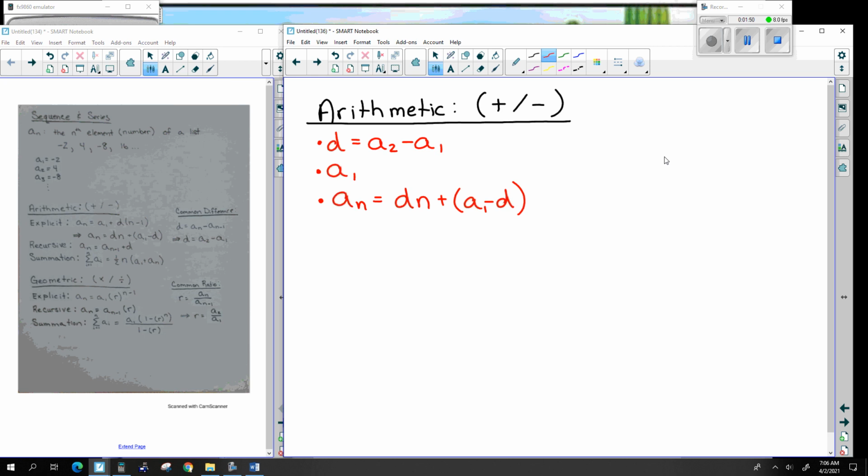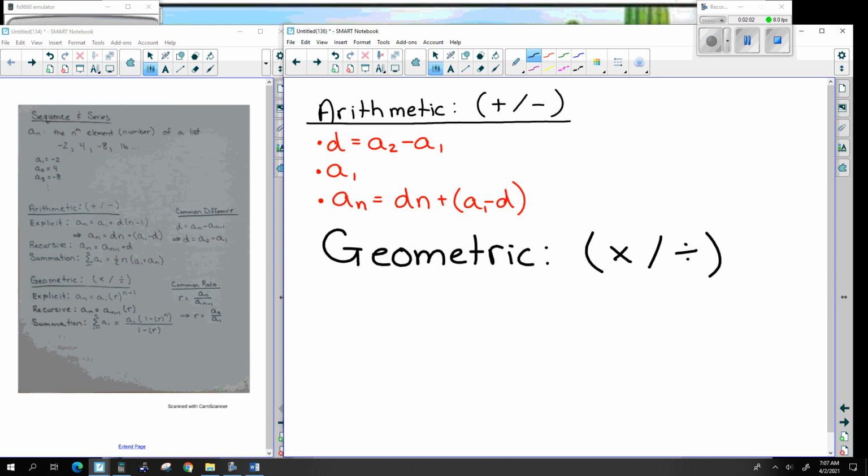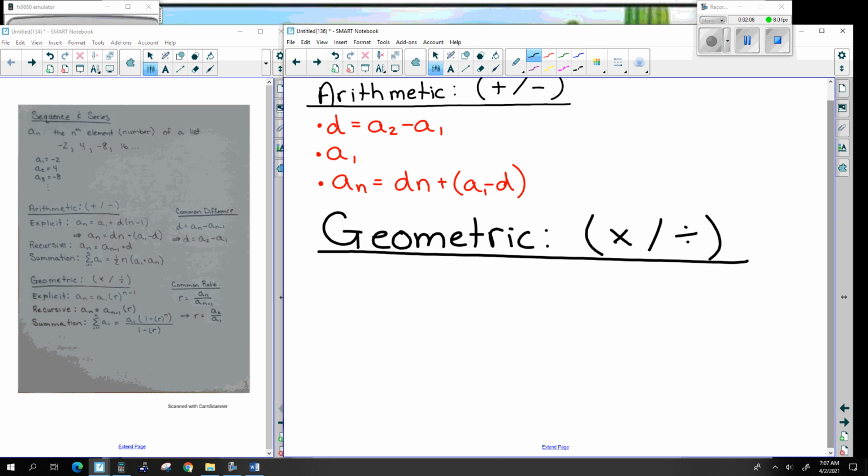And then we talked about the geometric sequence, which is just multiplying, in essence, to get to the next number, to the next number, to the next number. Similarly to the arithmetic, we have to know not a common difference, but a common ratio. The simplistic way of doing that is A2 divided by A1.